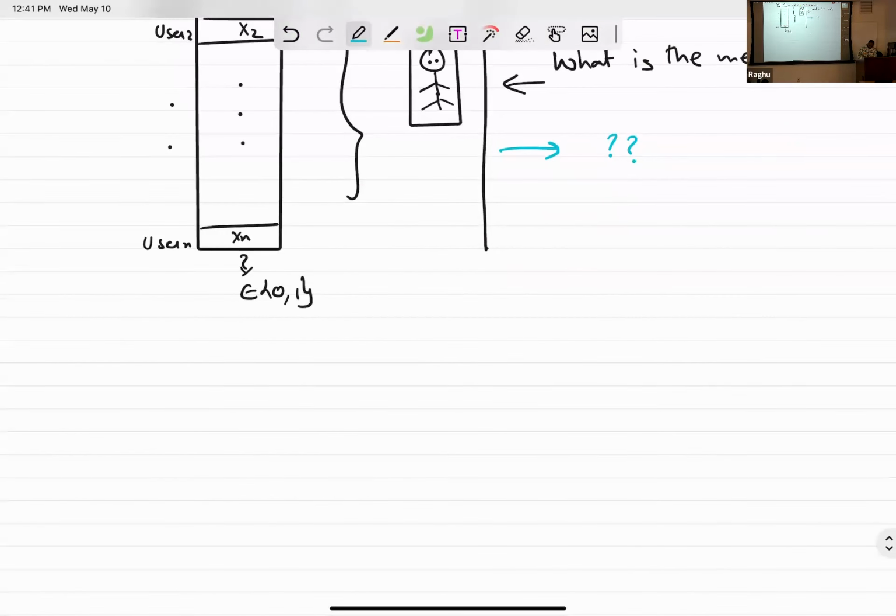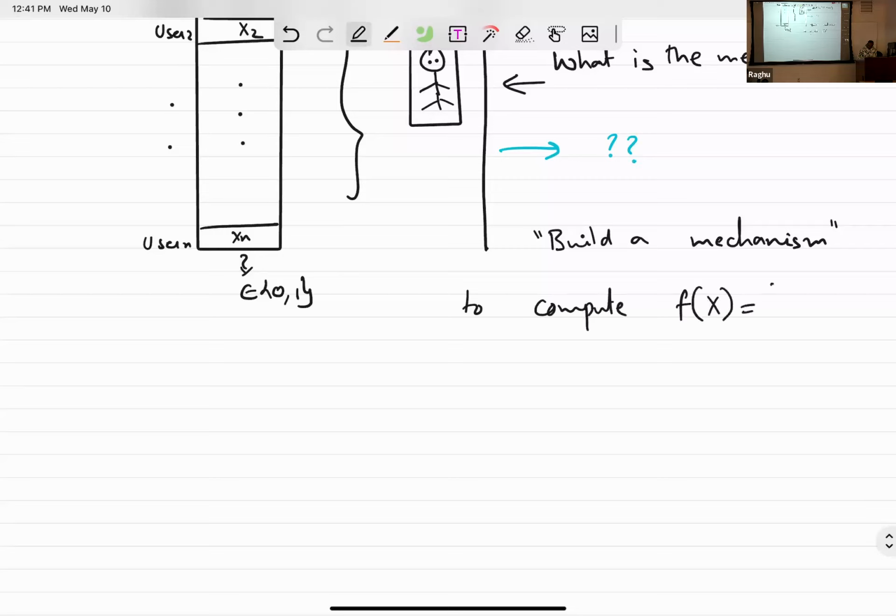In differential privacy language, what you're trying to build is a mechanism to compute the mean, which as a function of the database is just this.